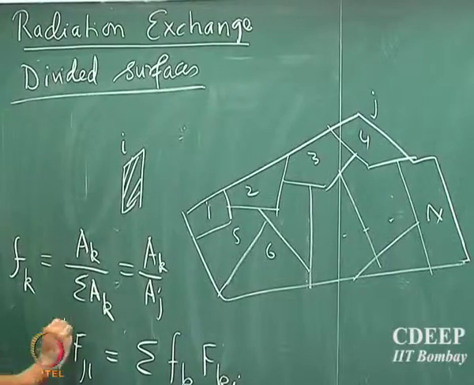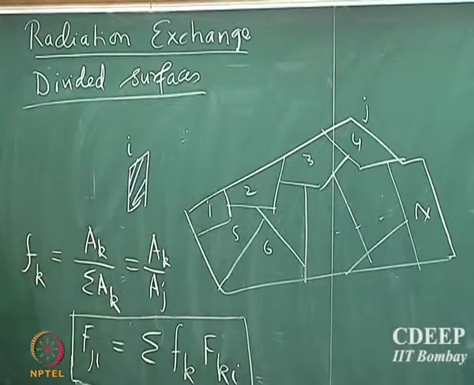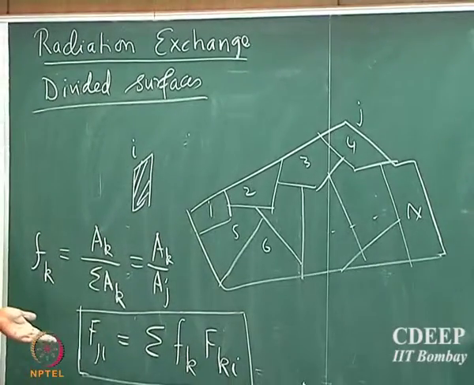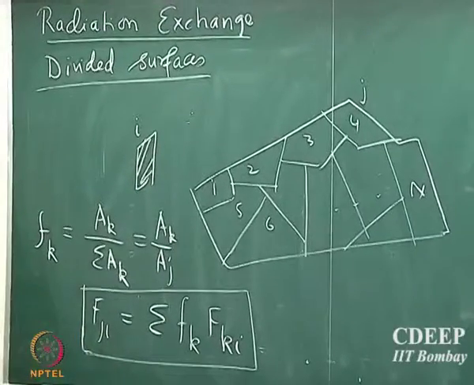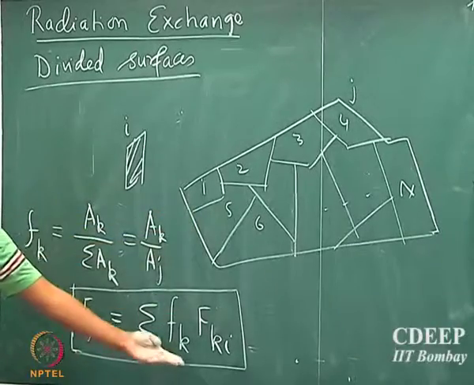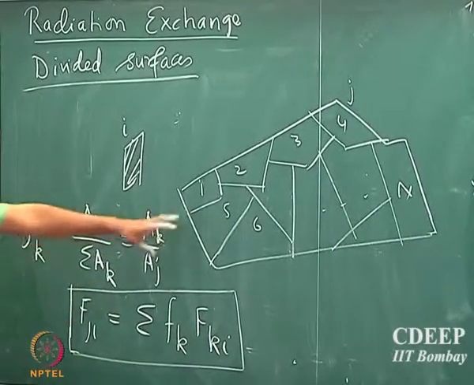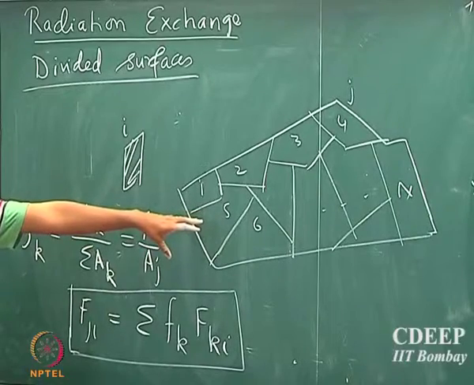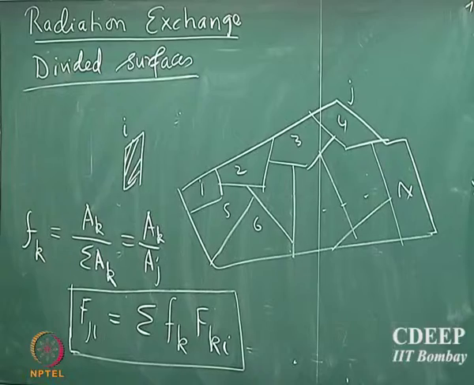So that is an important relationship. So if we have a divided surface, then you could use such a summation formula to find the overall view factor between the two surfaces. Or if you know some of them, you should be able to calculate the view factor for the other divided surface, for which you may want to calculate some of the radiation properties.